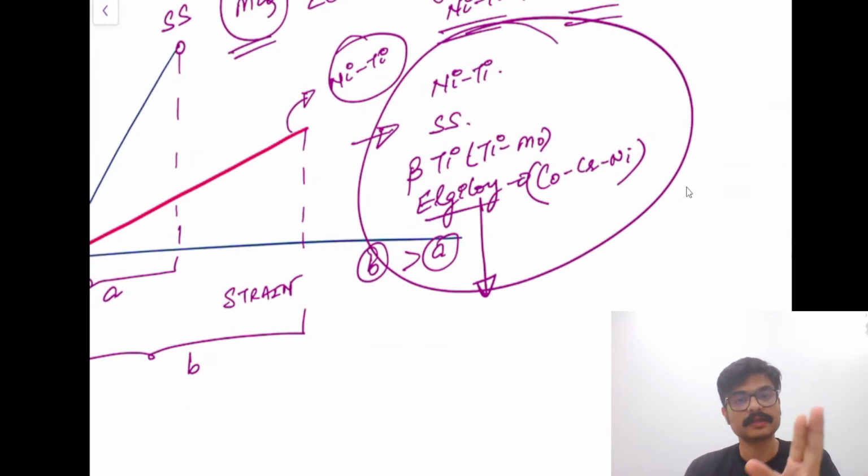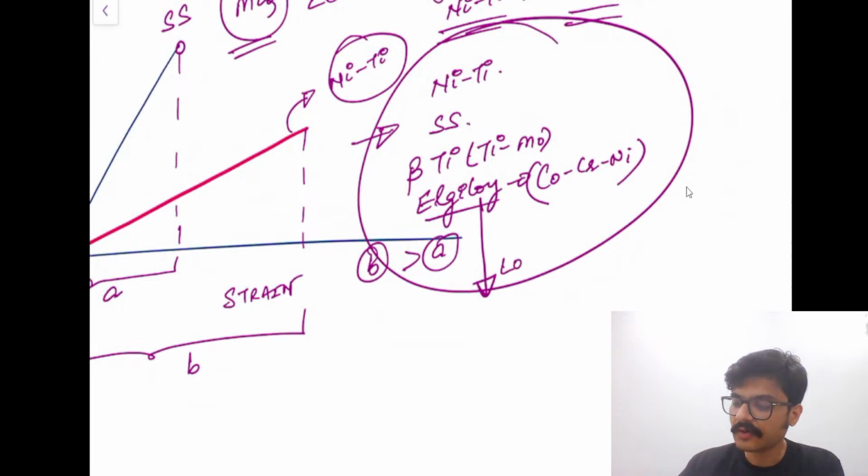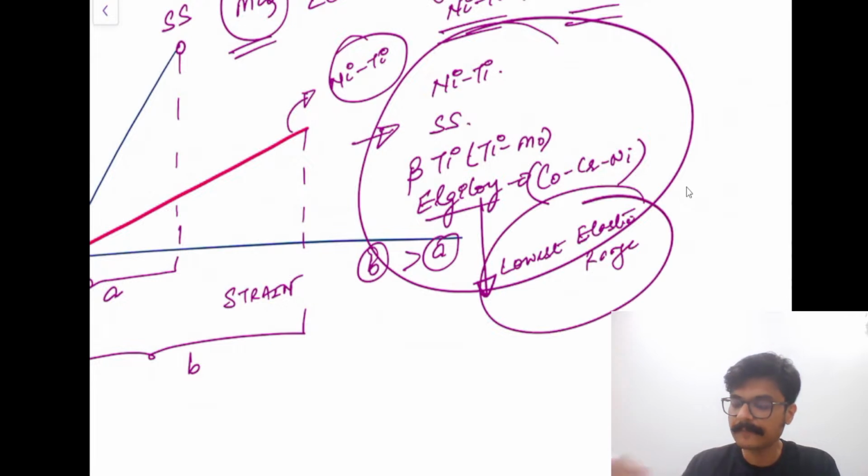Means it has the least resilience, means it has the lowest elastic range, right? So please remember, try to correlate and understand what the examiner is trying to ask. These are times when direct questions don't come very commonly, so you have to understand the diagrams and graphs given in your Phillips.